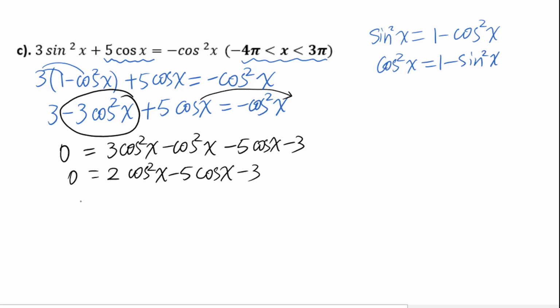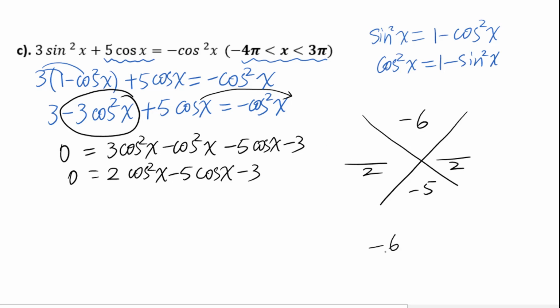This is 0. Let's do ninja x. 2 times negative 3, that's negative 6. This is negative 5 over 2. Negative 6, we can do 1 times negative 6. This will be the factored pair we are looking for, because 1 plus negative 6 equals negative 5.